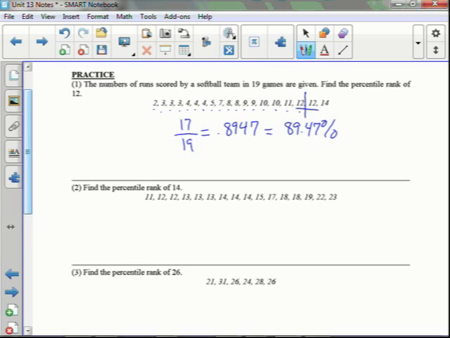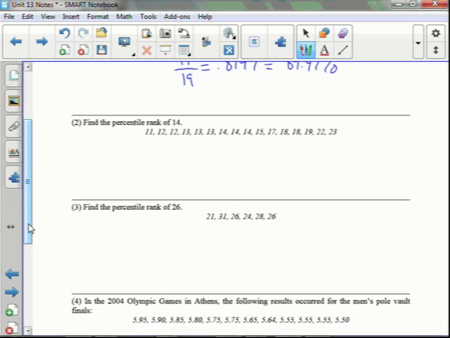Okay. Now you may want to push pause and try number 2 on your own here. Okay, welcome back. Here's how you do this. You look at your 14s. You got an odd number, so you got to split it down the middle. How many do you have below that? 1, 2, 3, 4, 5, 6, 7 and a half.